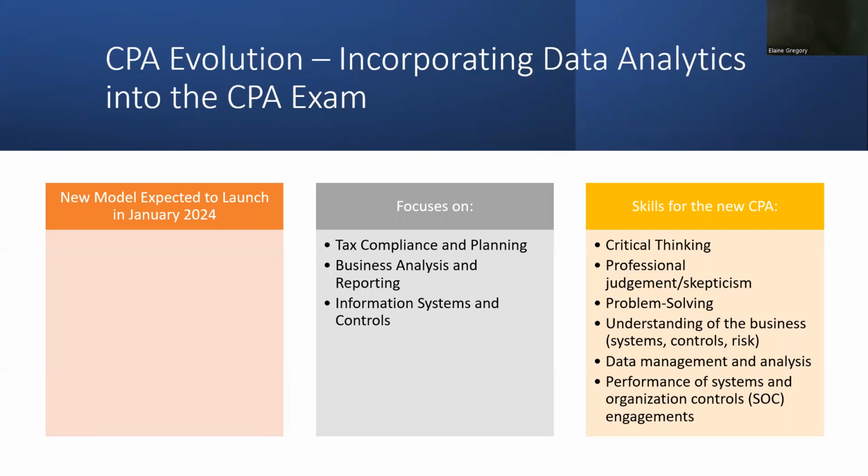You will need to know some form of data analytics, and performance of systems and organization control engagements. So if you have not taken a look at this, I would go out and take a look at that website and see what is it that CPAs need today, looking forward into 2024, that you may have to incorporate into your current skill set.